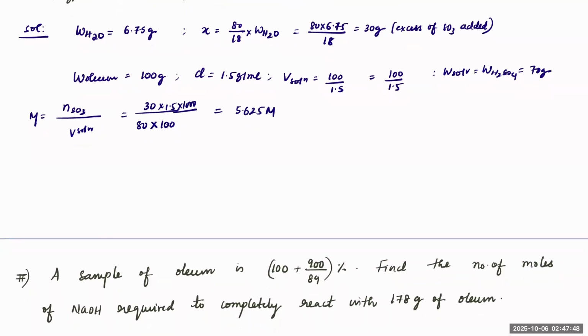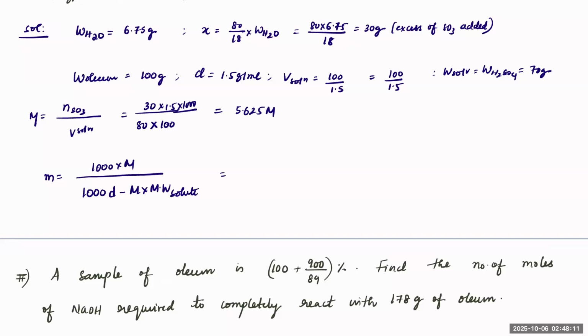How do we get molality? If you recall the formula, molality is equal to 1000 times molarity divided by 1000 times density minus molarity into the molecular weight of solute.